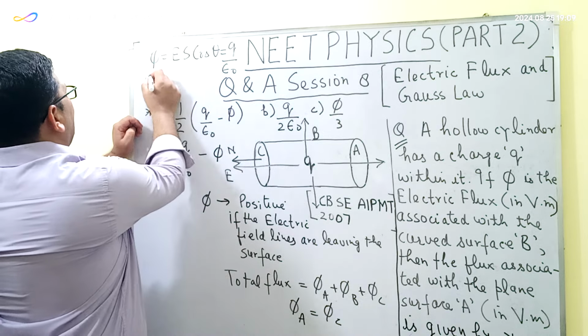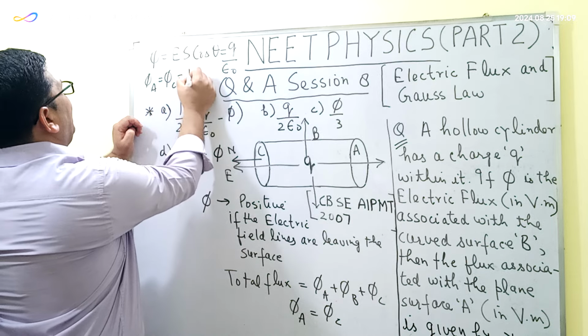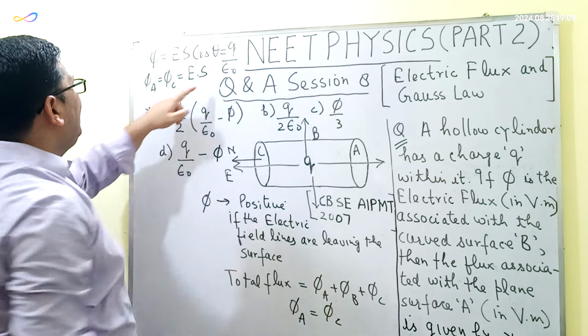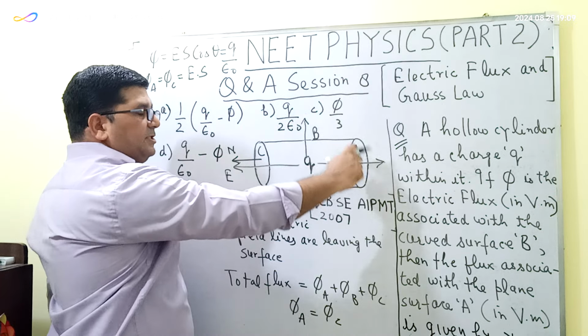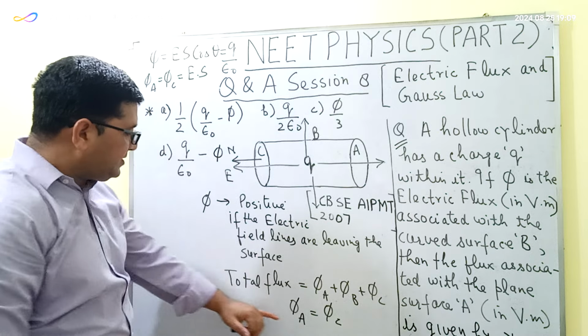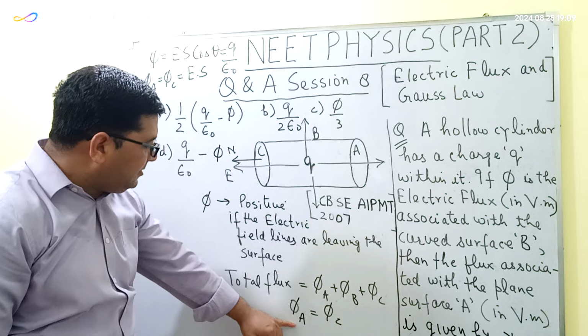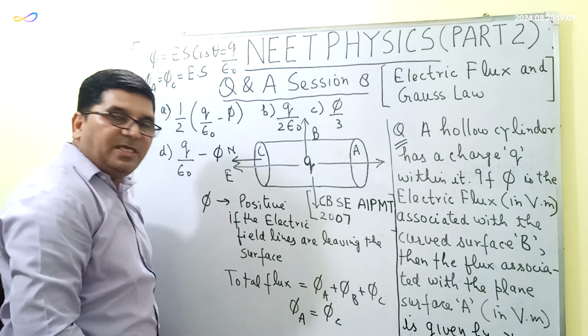In this case, phi A will be equal to phi C, and this will be equal to E into S, where S is the surface area of the plane surface A and the plane surface C. So the flux associated with A and C will be equal.